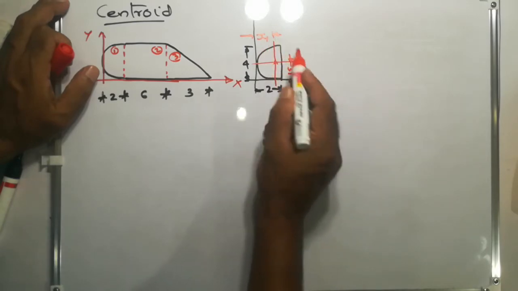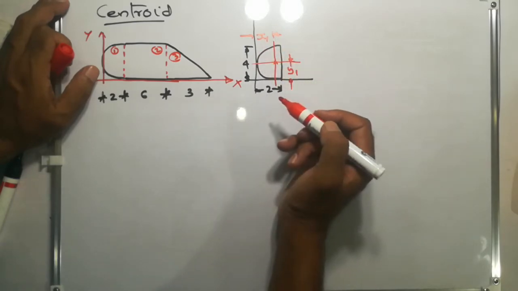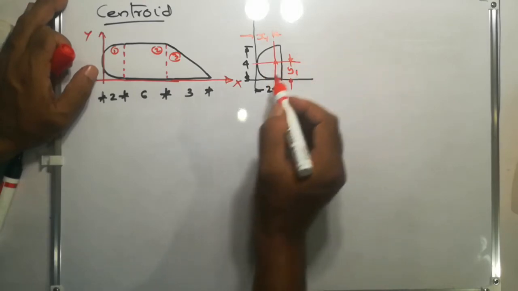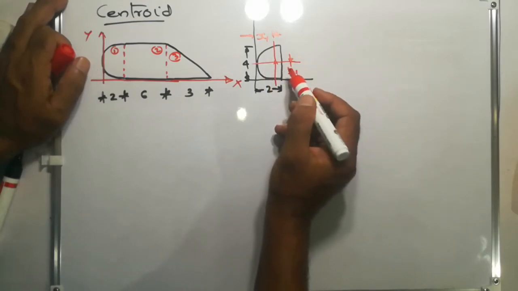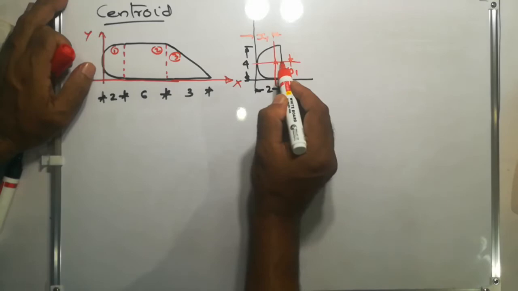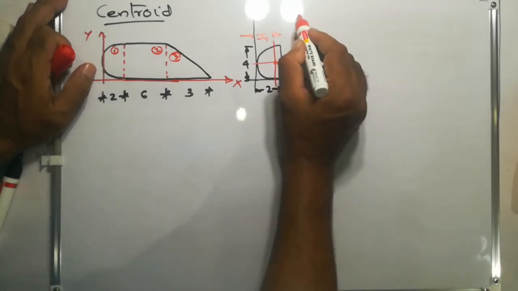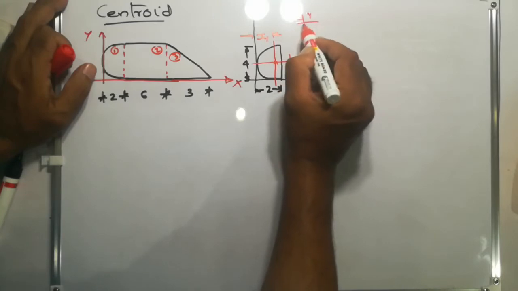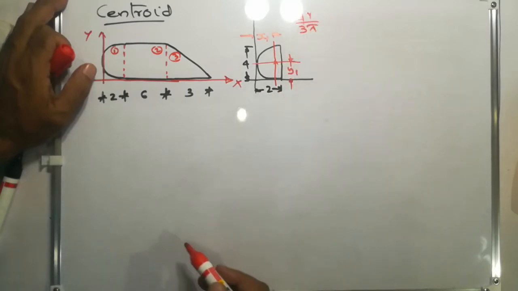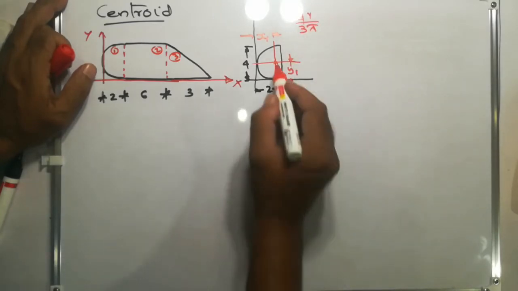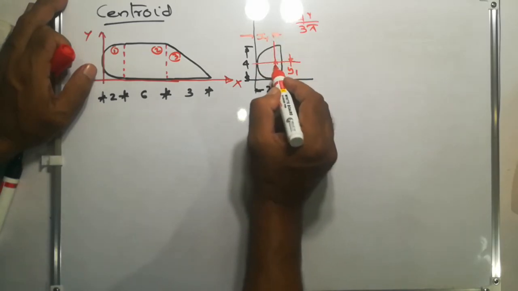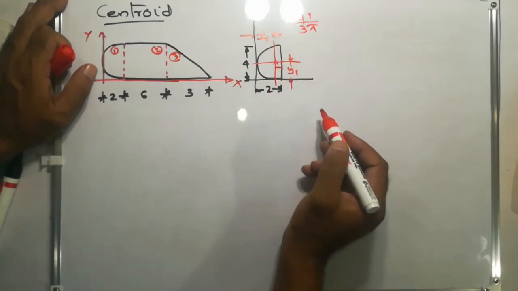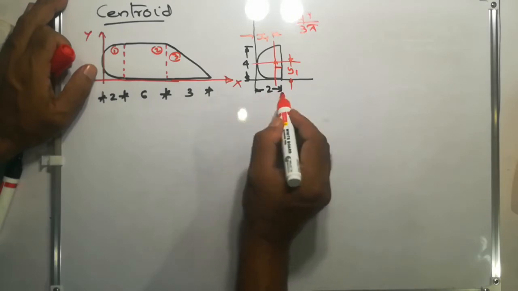Now we need to find the values of x1 and y1. We know the centroid of a semicircle from its base will be at a distance of 4r by 3 pi. So this distance is 4r by 3 pi, and the total distance is 2.